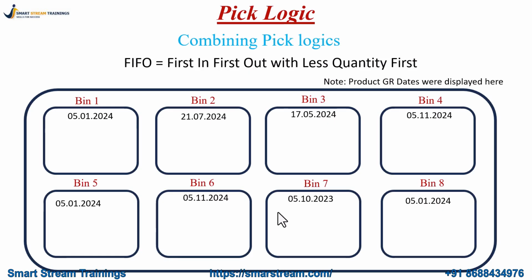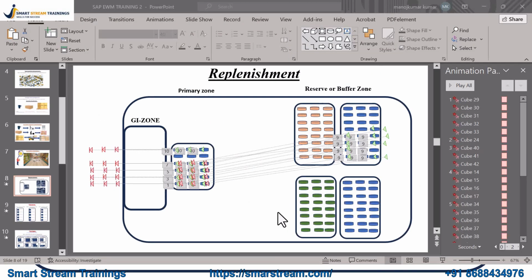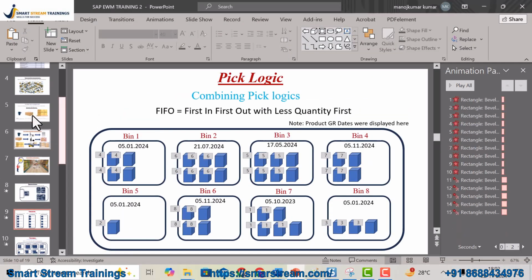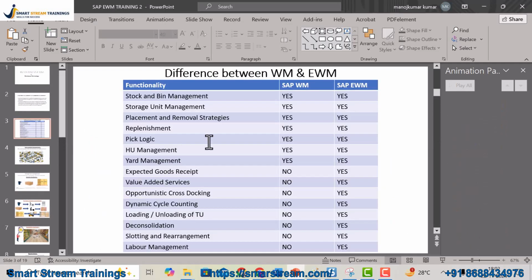Around 30 sort rules are there, so you can make use of those sort rules and build your own logic. This is how pick logic works, and this pick logic is there for warehouse management and extended warehouse management.